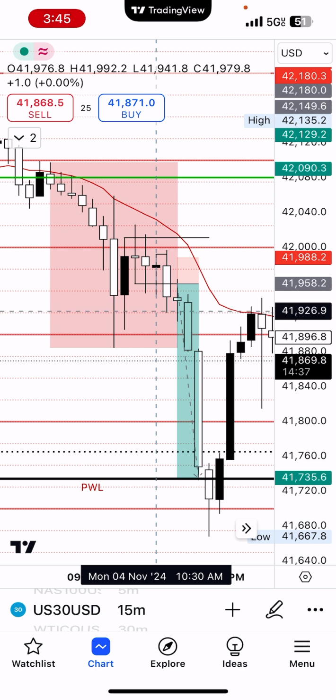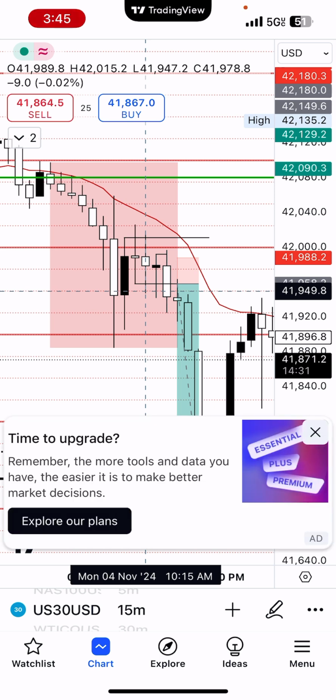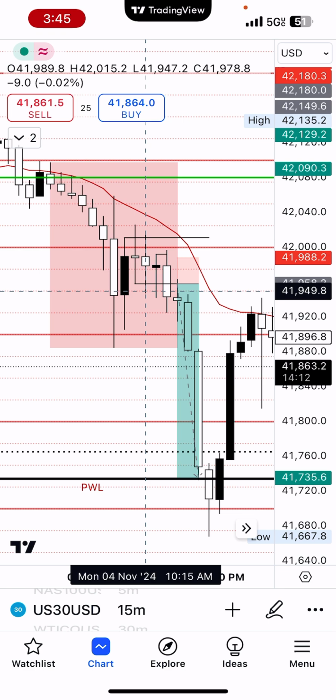That would have given me a better entry, because most of the time I'm really just looking for that structure break, the neckline of the M breaking on the 1 minute, which a lot of times works out for me. But when the market started chopping and chopping and chopping, I should have started to consider the other time frames like the 5 and the 15 to help me survive, you know, taking a loss.